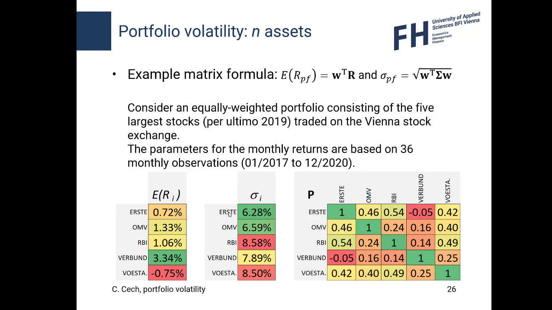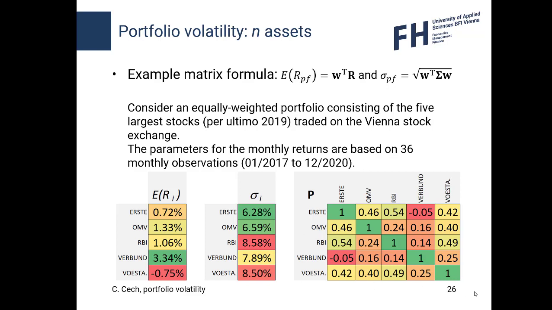Here are the respective volatilities. So you see Verbund had, based on historical returns, the highest expected return. Erste Group had the lowest volatility, and so on.